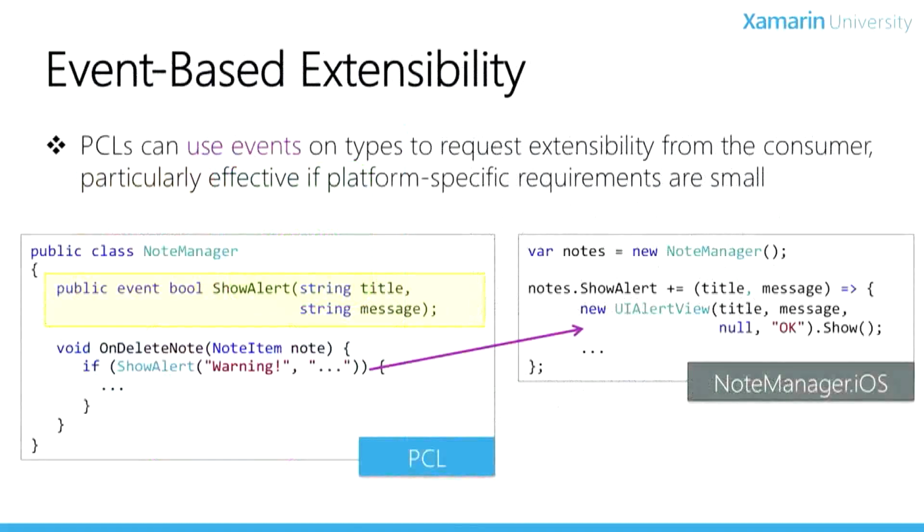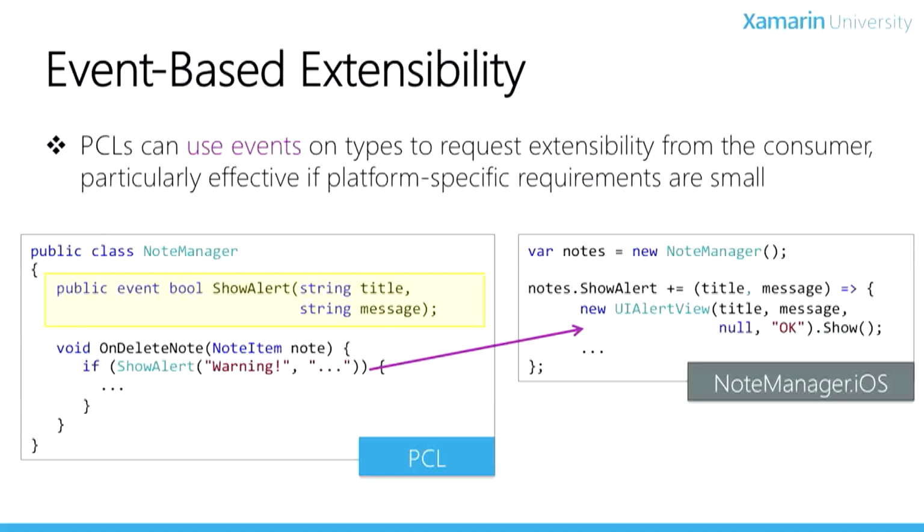Here's one example. If what we need is a small number of self-contained actions, PCLs can use events on types to request extensibility from the consumer. In the example on the slide, we have an event on the PCL, and the Note Manager iOS subscribes to the Note Manager Show Alert event.